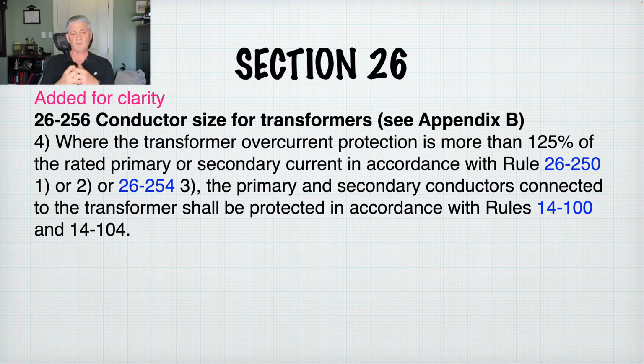And an overcurrent device cannot be more than 125%. So conductor cannot be less than, overcurrent cannot be more. But there are situations where if it falls between specific sizes, it can go up. But if it does go up, if your overcurrent size moves up, let's just have a quick look at the rule.